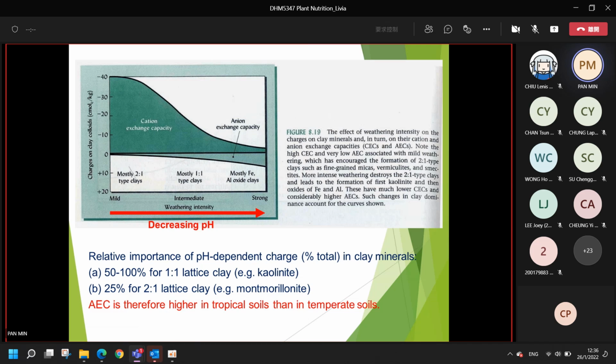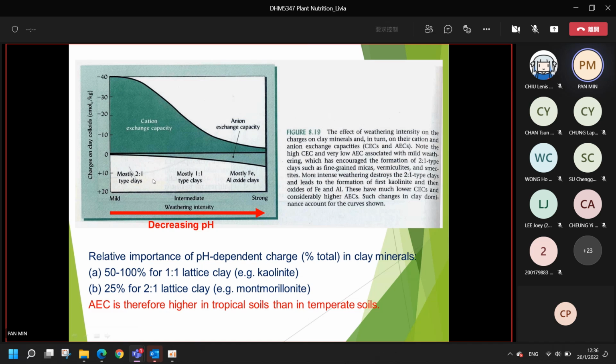If it is mostly 1 to 1 type clay, it can give a balance between the cation exchange capacity and the anion exchange capacity.